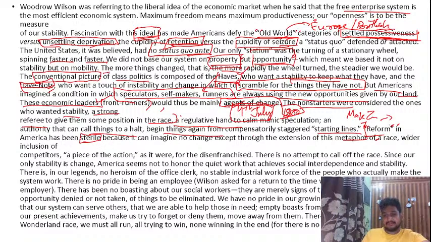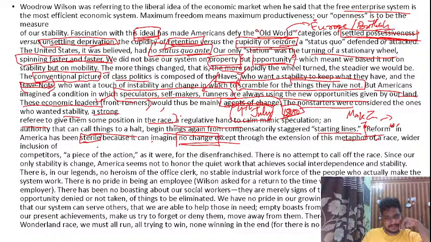That reform, so-called reform, is between apostrophes, basically meaning that the author is totally sarcastic about the American reform. Has been sterile because it can imagine no change. Americans will never change. They will always be that turning of a stationary wheel, spinning faster and faster.